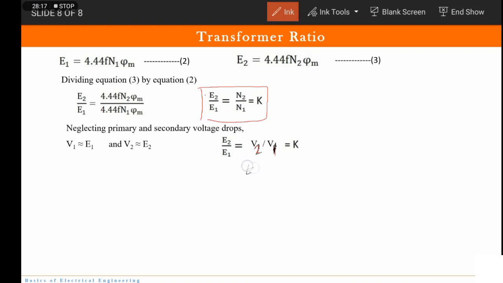So E2 by E1 is equal to V2 by V1, which equals K.